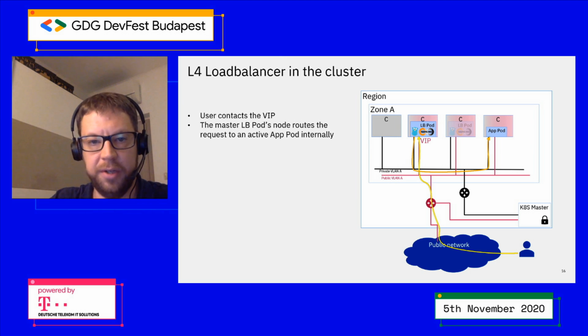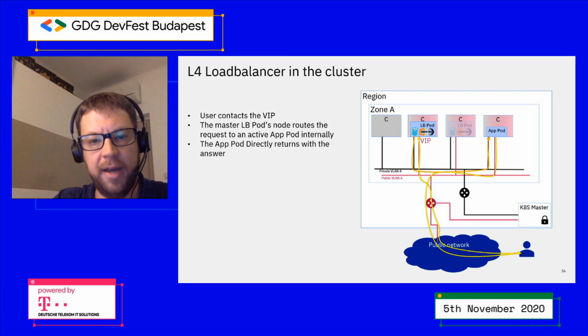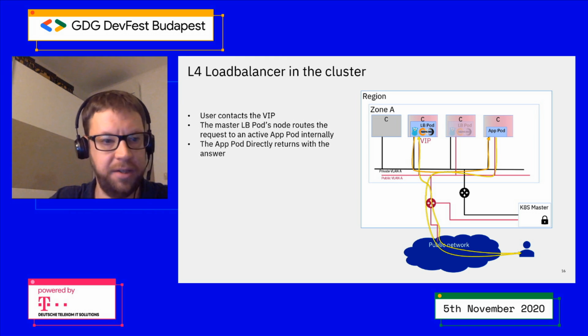And the most interesting part is that it is able to preserve the source IP using this IPVS technology, which means the application pod seemingly will be contacted directly from the user. And when it responds back, without any magic, the traffic will go directly through the public internet to the user without hooking the load balancer compute instance again. And of course, the site routers are prepared for such extraordinary traffic. It is called direct server return.